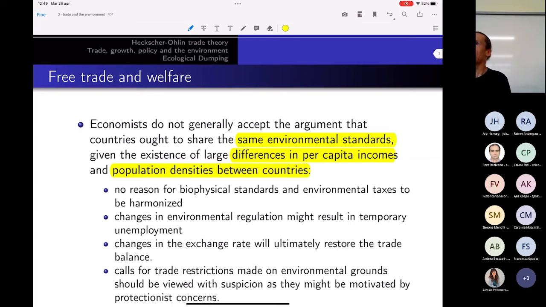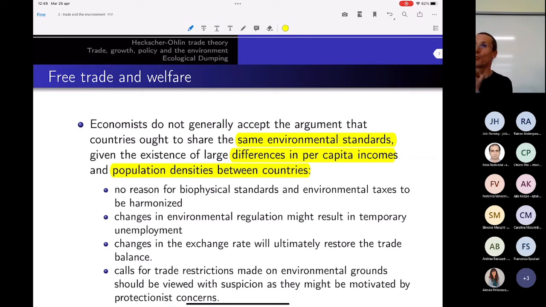There are differences too, if you think about pollution, in terms of how the environment can absorb those pollutants.